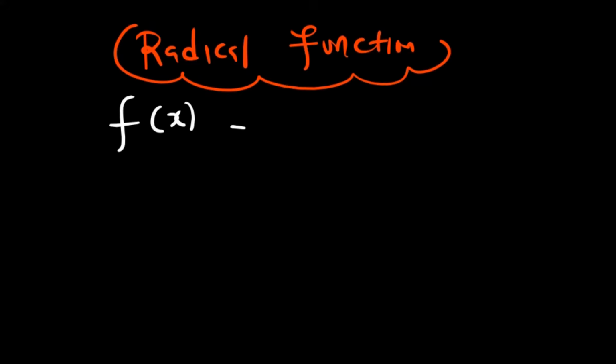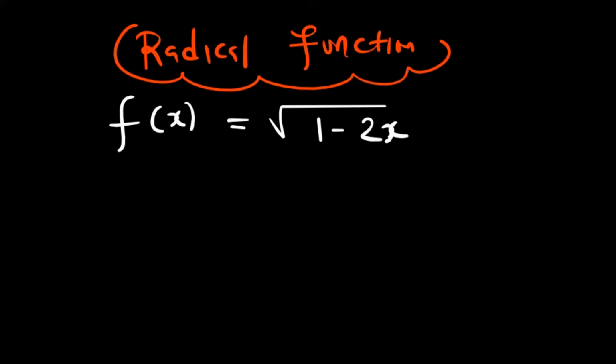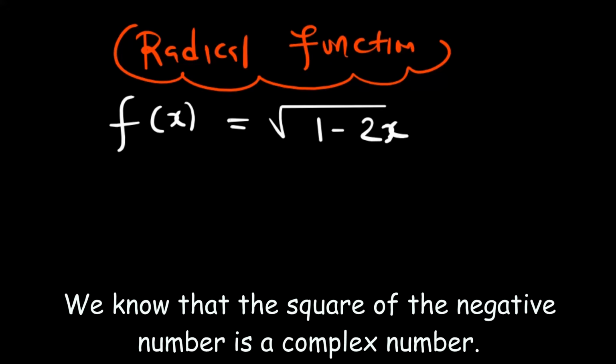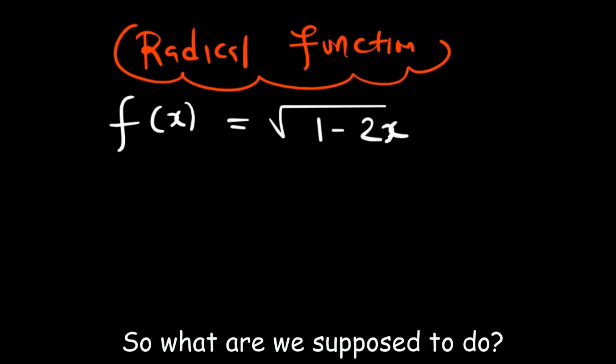Let's say f of x is equal to the square root of 1 minus 2x. So the inside of the root should always be positive. We know that the square root of a negative number is a complex number. We don't want to have a negative number in here. So what are we supposed to do?